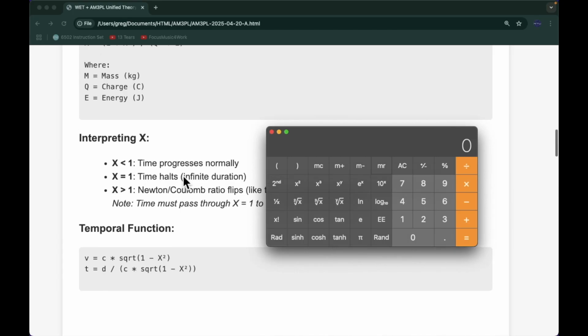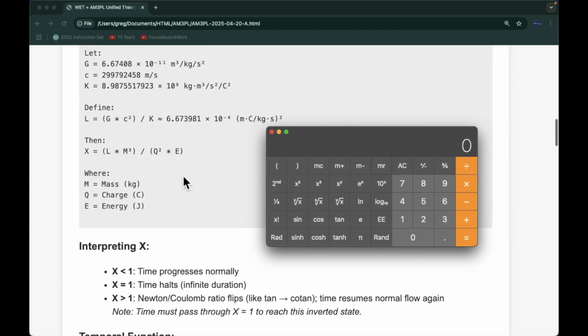So our equation is this for x. We go m. Our m is 90 kilograms, and we cube it.